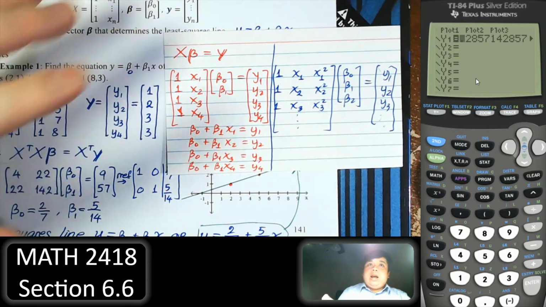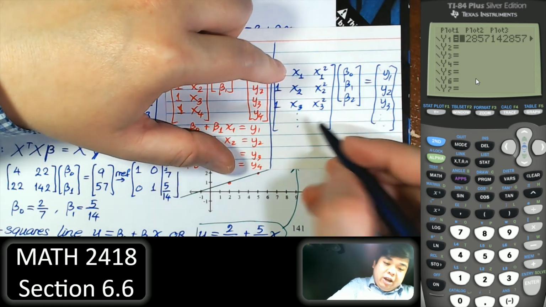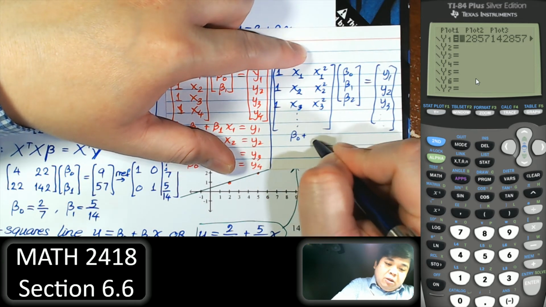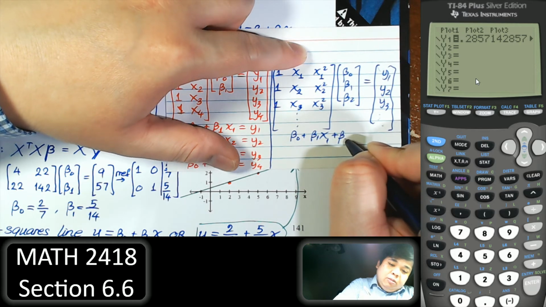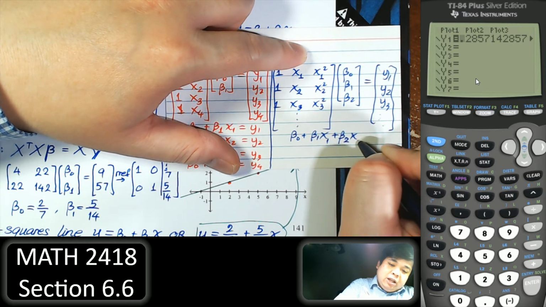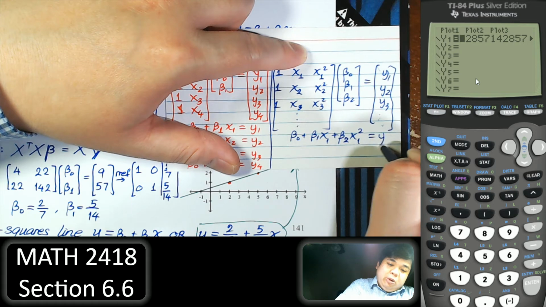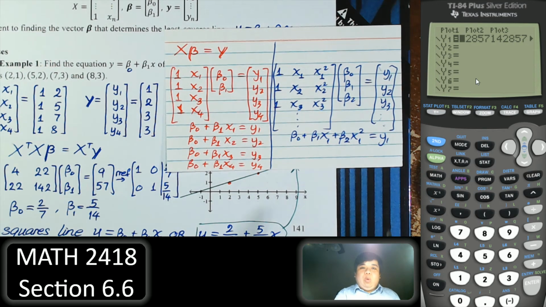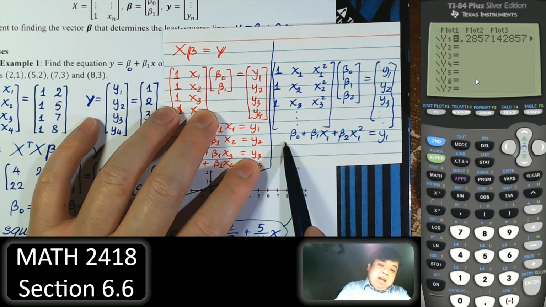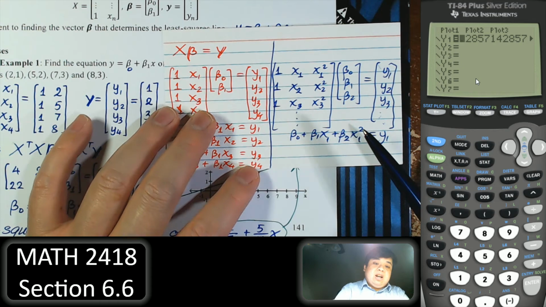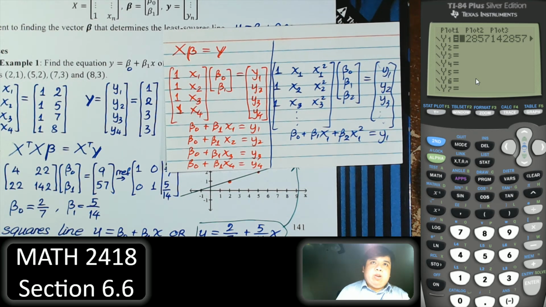Now let's multiply it out. When we multiply this out, we have beta naught plus beta 1 x1 plus beta 2 x1 squared equal to y1. So you see we have the quadratic equation, and we're trying to find beta naught, beta 1, and beta 2 so that the left hand side is as close to the right hand side for all the points as possible. So that's why least squares works, right?